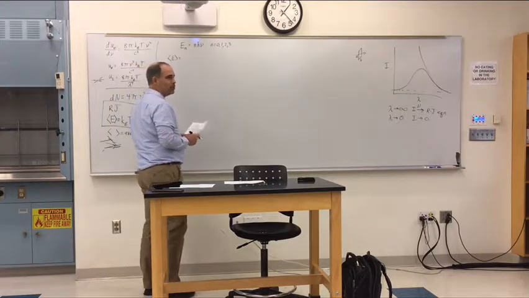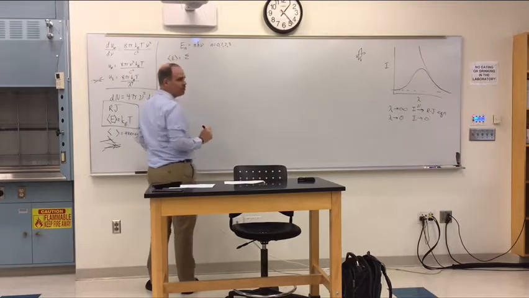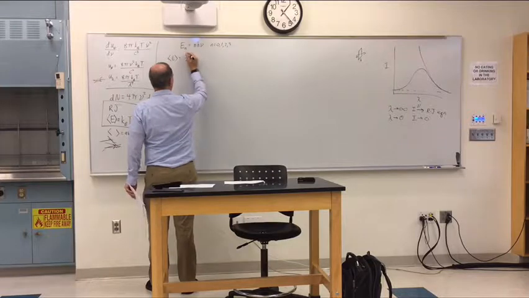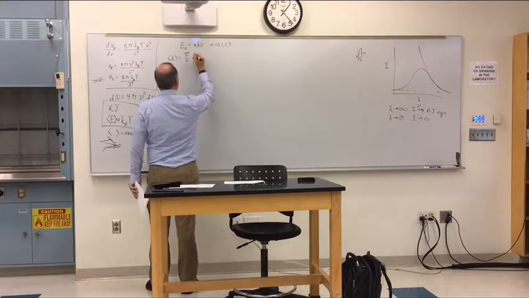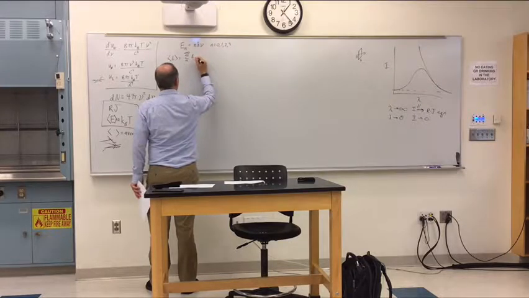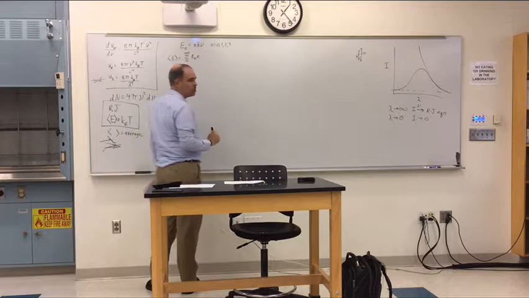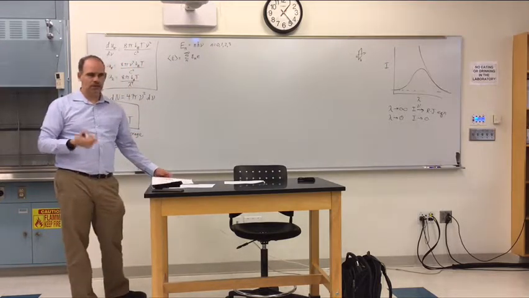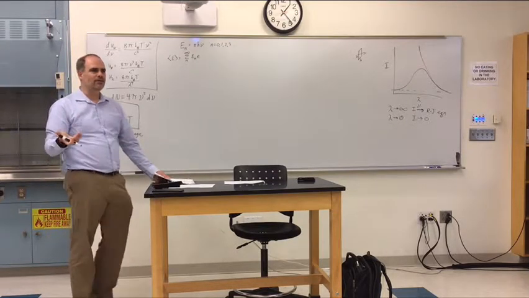The way that we would do a weighted average is we would take the sum over all of the states, so the sum of all values for n going all the way up to infinity, right? So all possible values of the energy of any given state times the distribution. And the distribution we're going to use is the Maxwell-Boltzmann distribution, which is essentially the distribution of the energies of molecules in the gas phase.